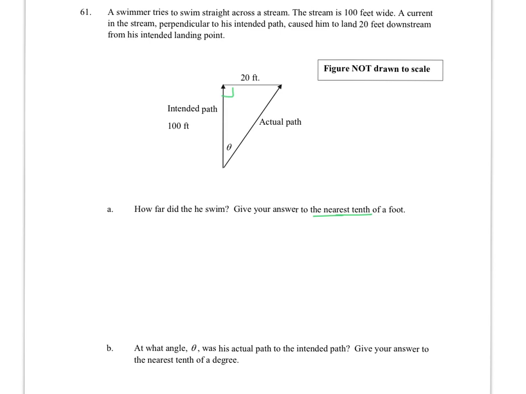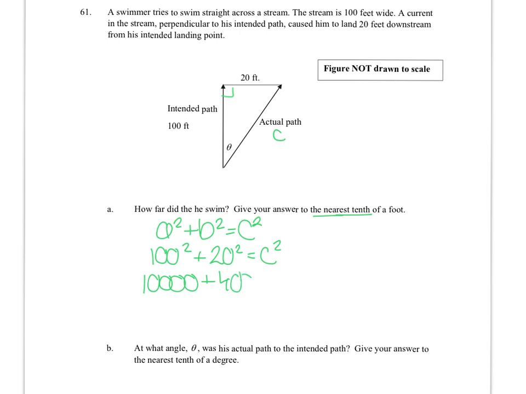Well, since I have a right triangle and I know the length of the two legs, I'm going to use Pythagorean's theorem. A squared plus b squared equals c squared. A squared is going to be 100 squared, b squared is 20 squared, and my actual path is c squared. So I'm going to find that. 100 squared is 10,000, 20 squared is 400, and when you add them together, you get 10,400, which equals c squared.